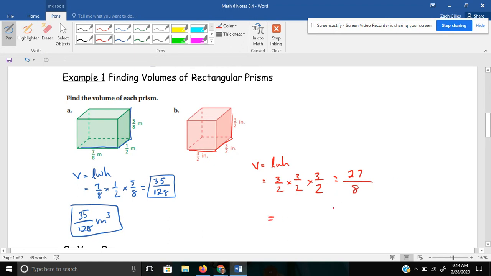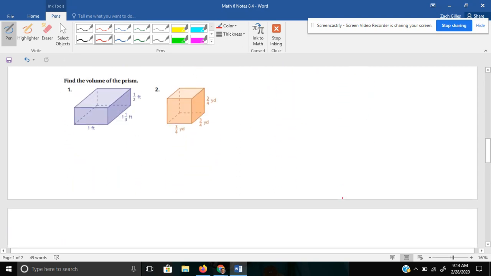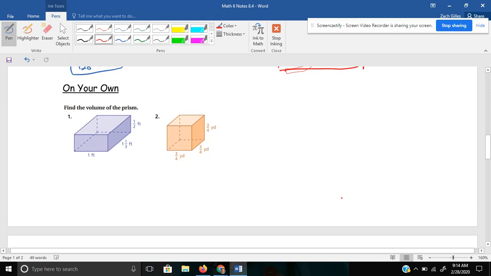I'll rewrite this. 8 goes into 27 3 whole times, which would be 24, and there's 3 left over to get to 27. Keep my denominator of 8. So 3 3/8, and I'll label it a little bit differently: cubic inches, or you could say inches cubed. Same difference there. All right, you go ahead and pause the video now to try the 2 on your own.